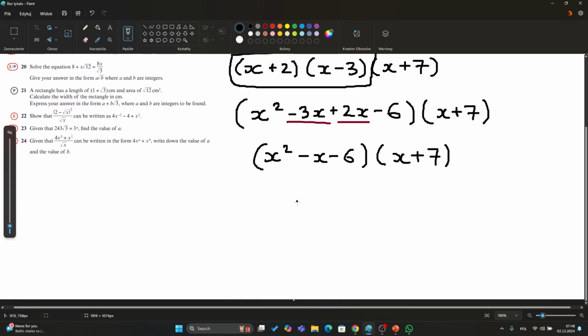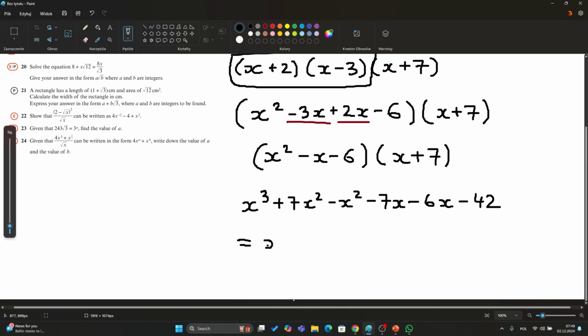And now we can multiply this x squared by x plus 7, minus x by x plus 7, and minus 6 by x plus 7, to have x cubed plus 7x squared minus x squared minus 7x and minus 6x minus 42.